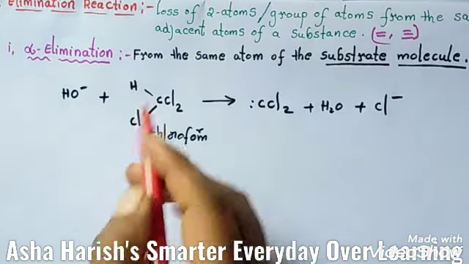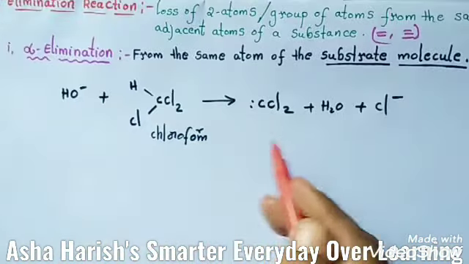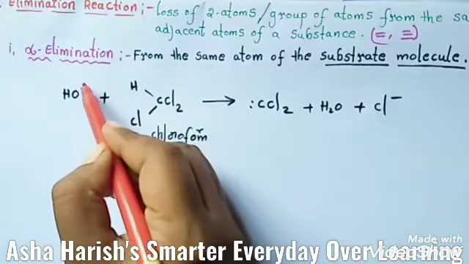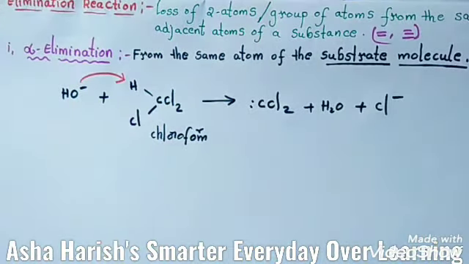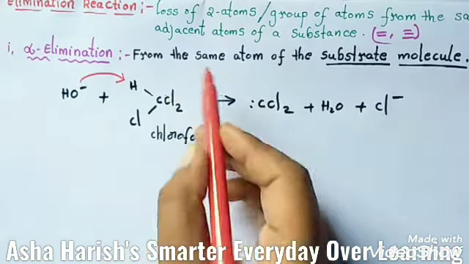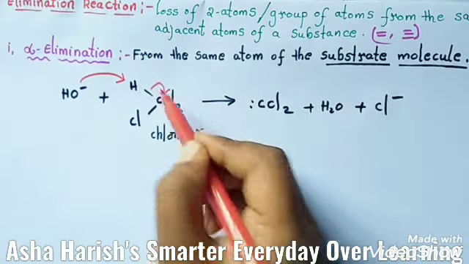Okay, now see the changes involved in this. What is the mechanism? The shifting of this negatively charged ion is towards hydrogen, and now like this.